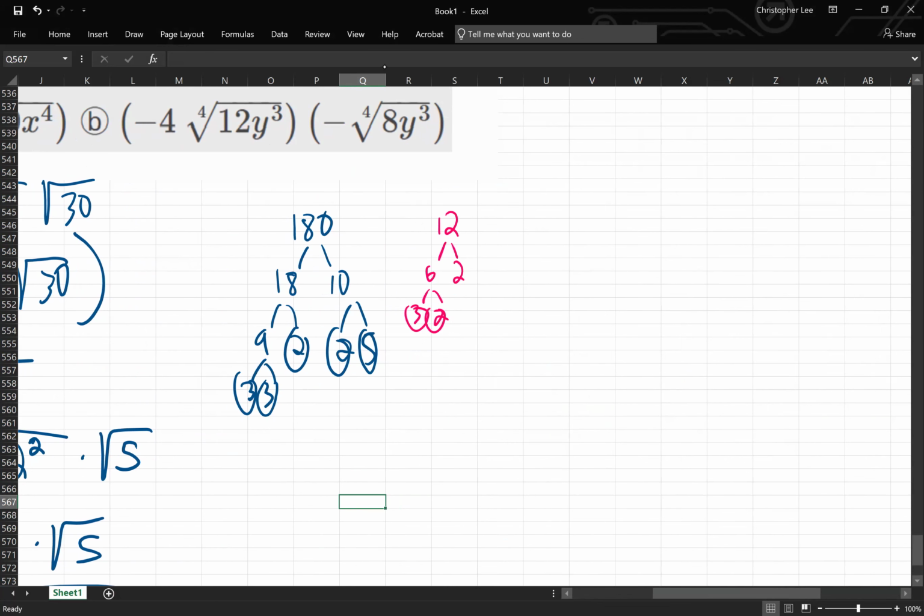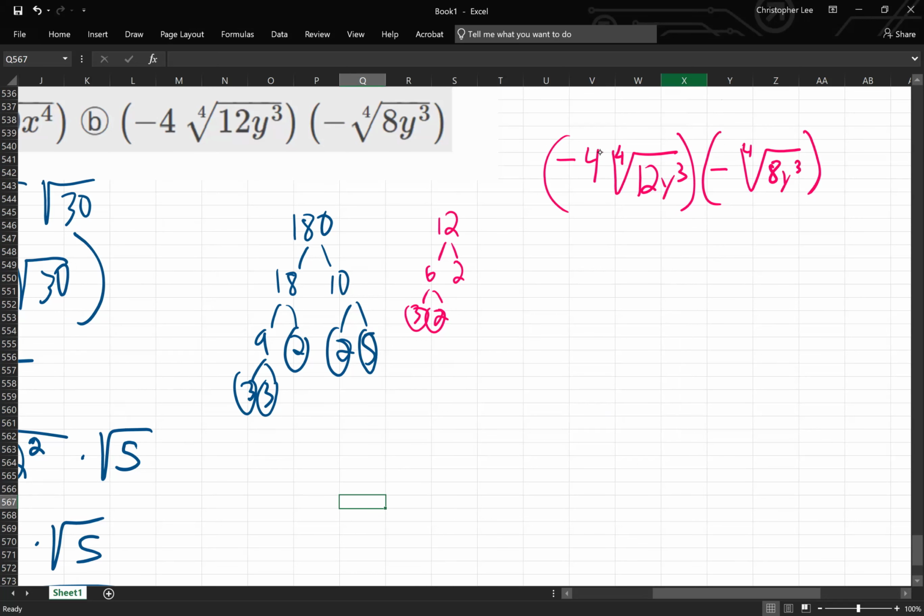So this is going to be negative 4, the fourth root of 12y cubed times negative fourth root of 8, which is 2 to the third. 8y cubed.